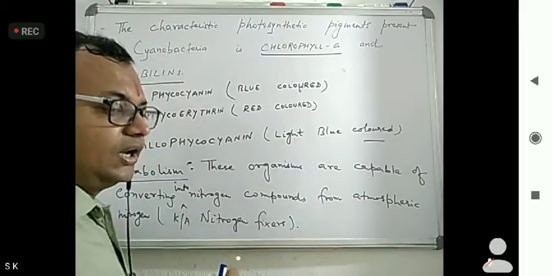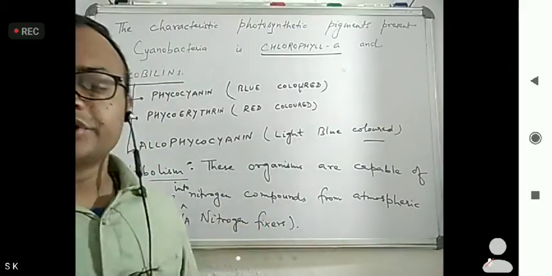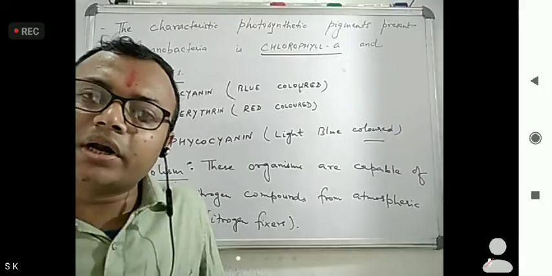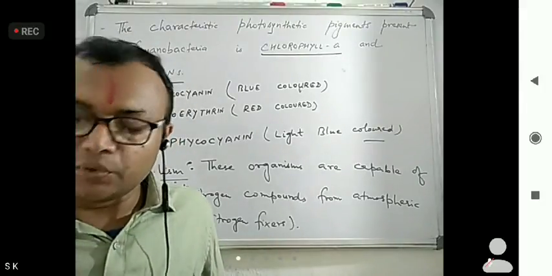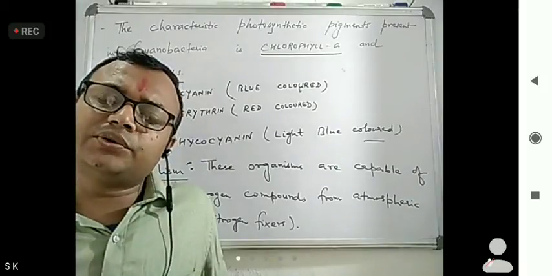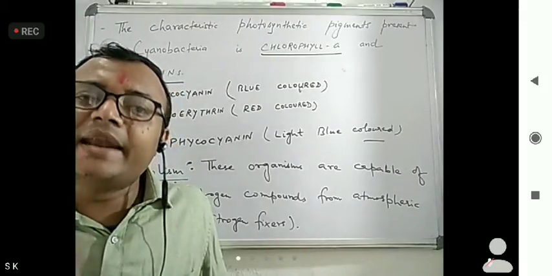Nitrogen fixers. Now, this nitrogen fixation occurs in which organ? That organ name is heterocyst. Now, this biological nitrogen fixation is anaerobic in nature.